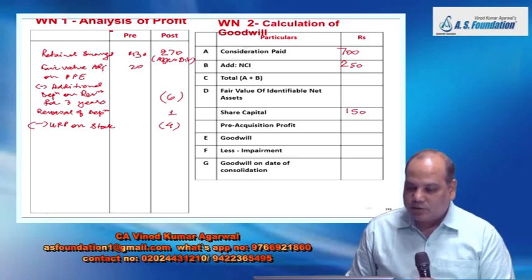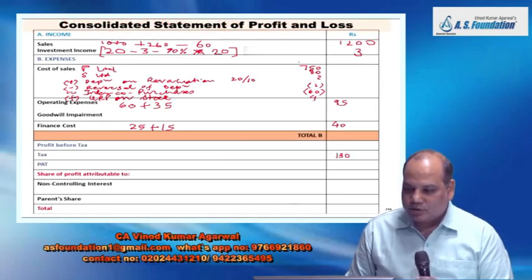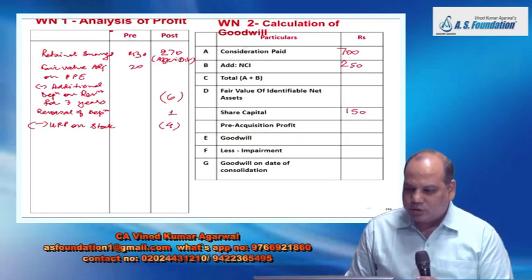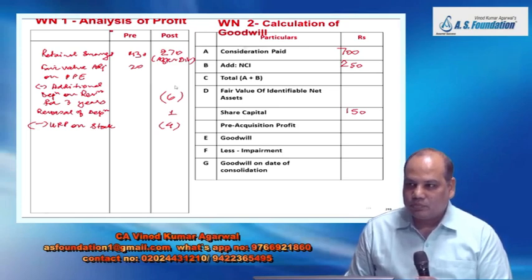If you add back, again you have to deduct in the SOCIE. Or you can ignore that also. Still it will match. If you add back here, then you have to deduct in the SOCI respective amount.